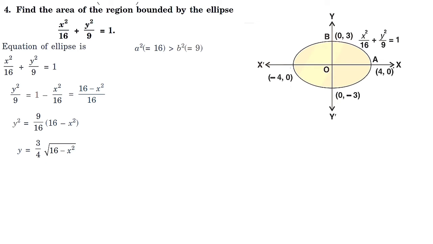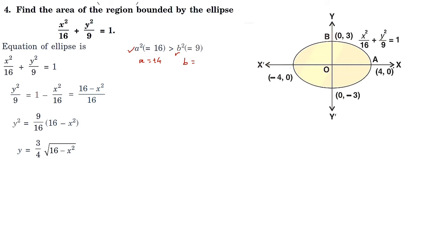Now we need to identify the limits. As I said before, this is in the form x square by a square, so here a square is 16 and b square is 9. From here a will be plus or minus 4, and b will be plus or minus 3.